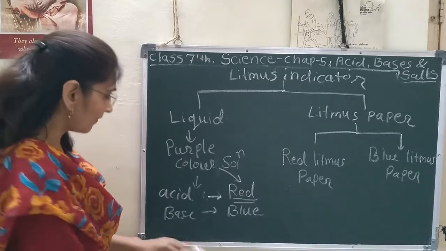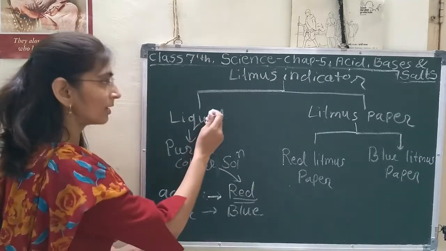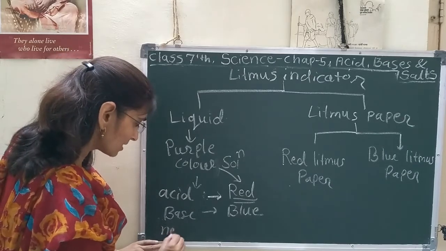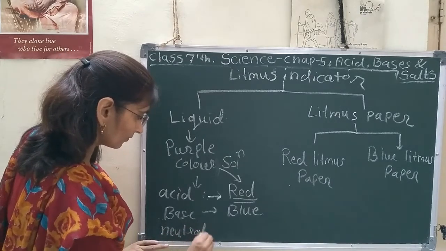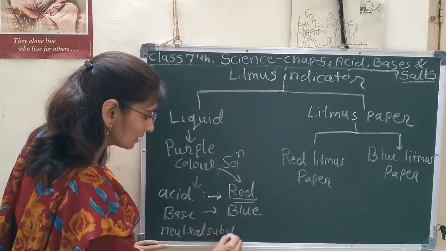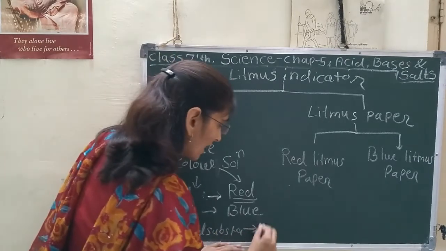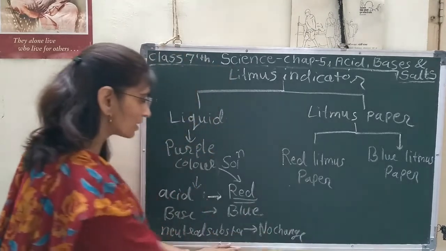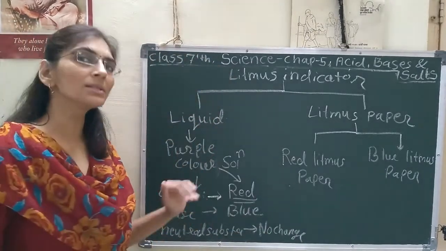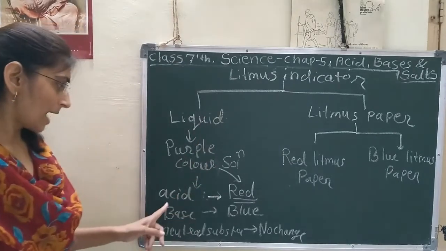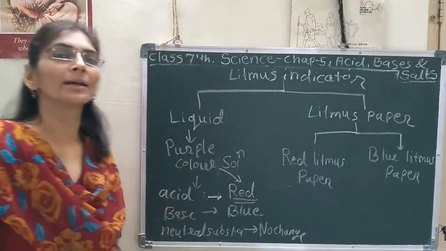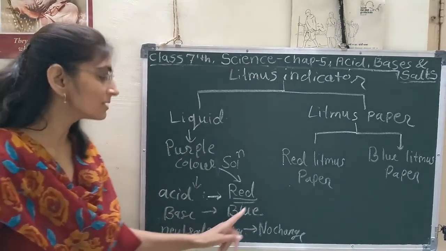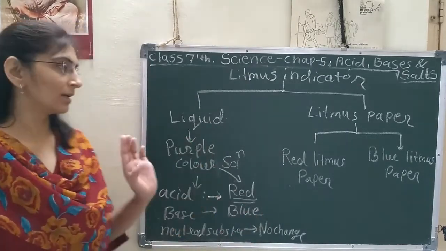Okay, and when we react litmus solution with a neutral substance, what will happen? No change in color. Okay, so this was about the liquid litmus indicator. With acid, it will give the red color. With base, it will give the blue color. Again with a neutral substance, there will be no change in color.